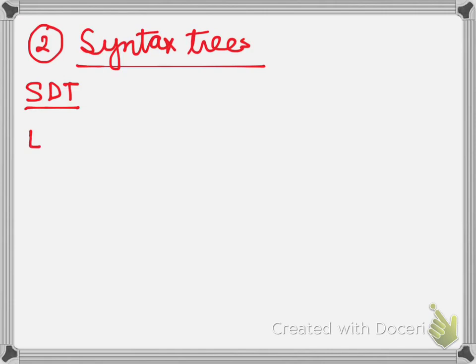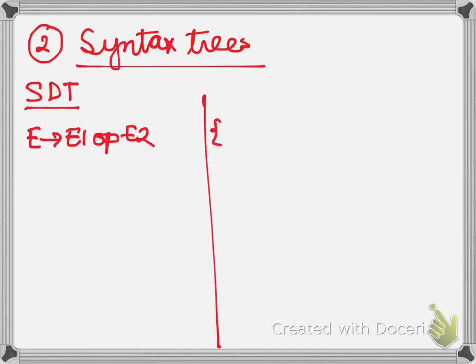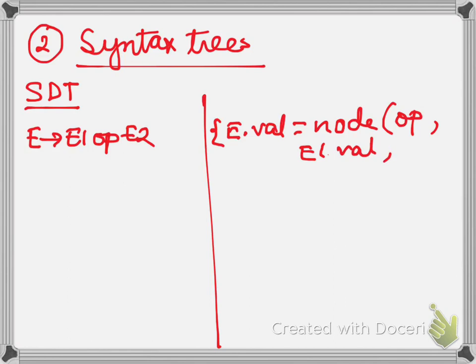If I have something like this, E derives E1 op E2, I can have the semantic action as E dot val is a function node, which creates a node with the operator, then left child and right child.